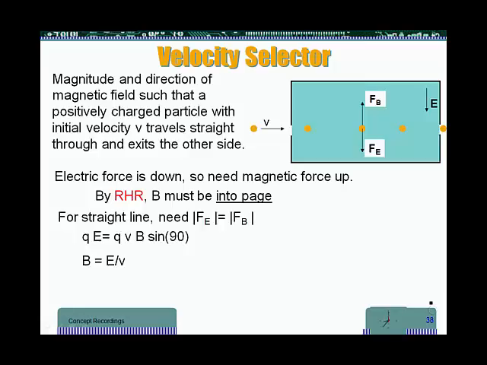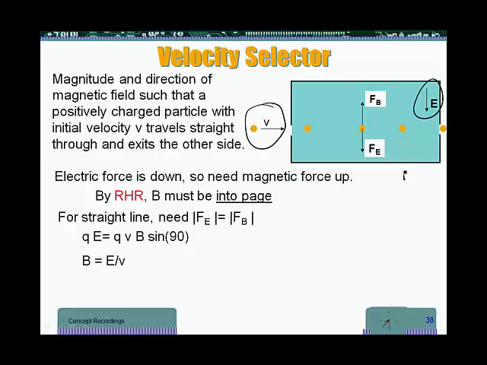One application of the use of electrical fields and magnetic fields is what we call a velocity selector. In this particular case, you have particles being generated with different velocities, and we make them move through a region where we have both an electrical field and a magnetic field.